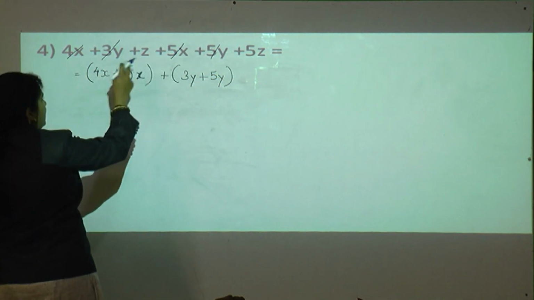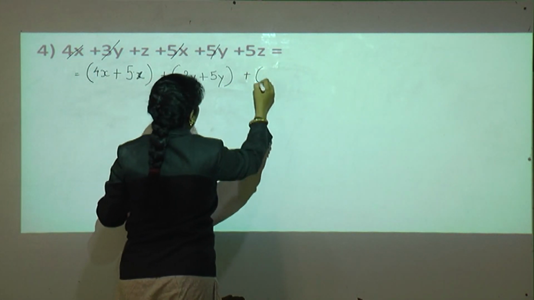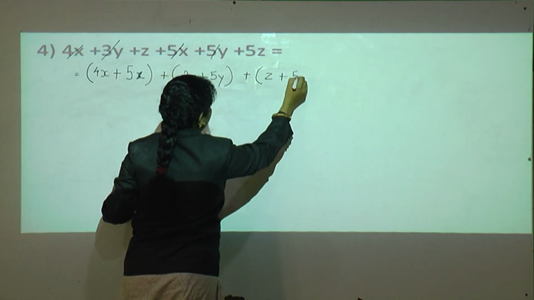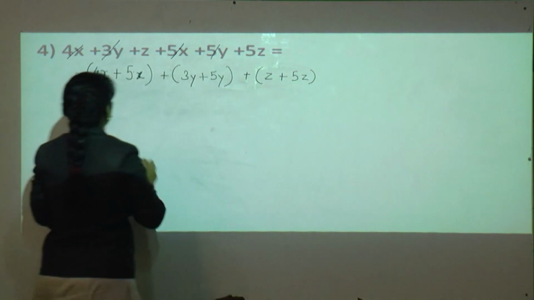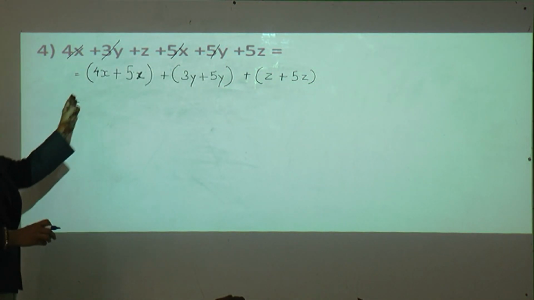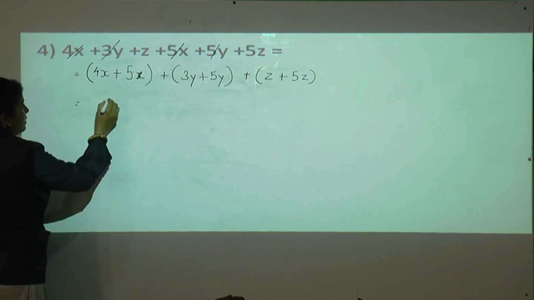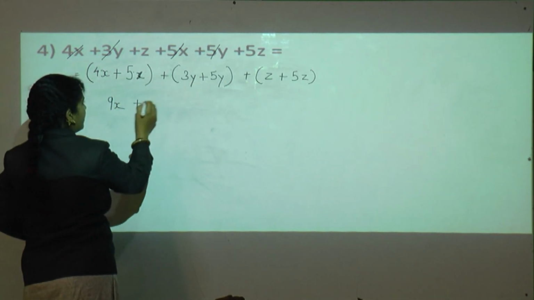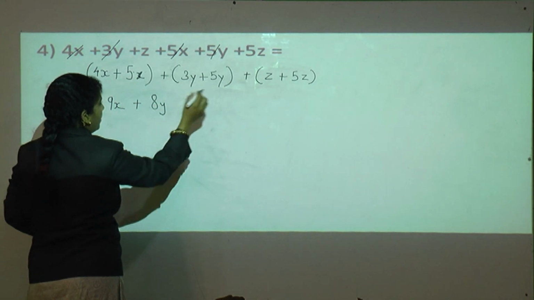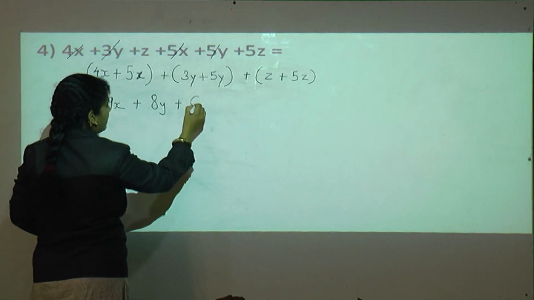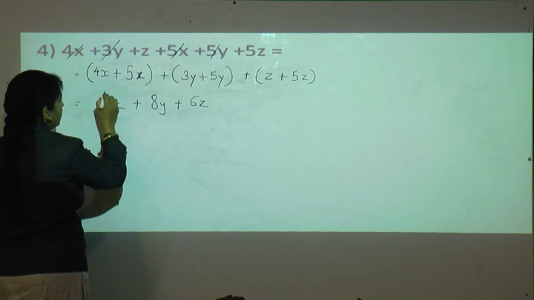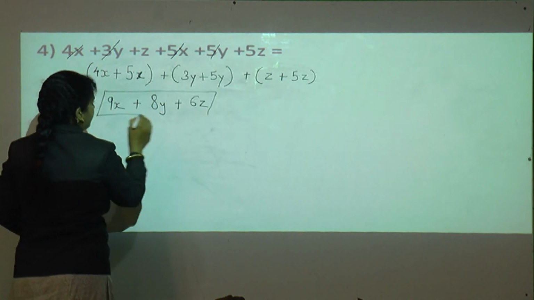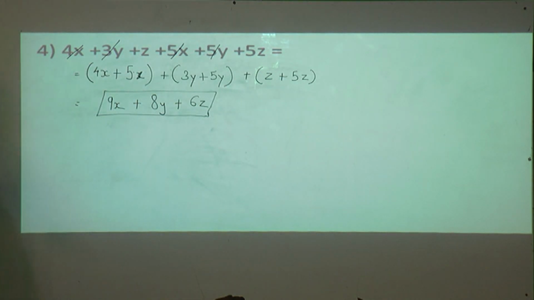Okay, now remaining z plus 5z. Okay, see here, 4x plus 5x, 9x, and here 3y plus 5y, 8y. Again z plus 5z, 6z. So this is the answer. So all of you understood how to solve the simplified question? Okay.